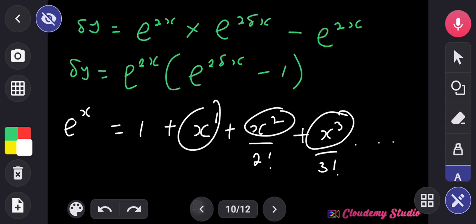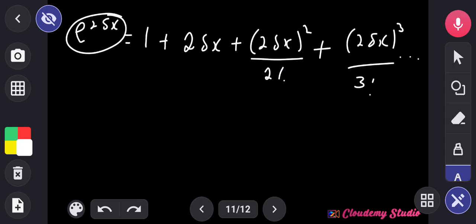Therefore, whenever we see this exponential 2x, we are going to put all of this.